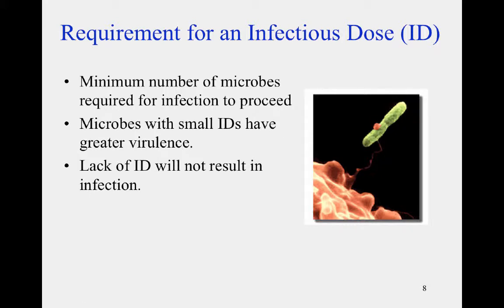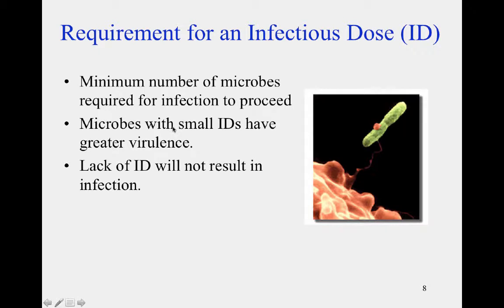So an ID is referring to the infectious dose. And the infectious dose is the minimum number of microbes required to establish infection. So basically, if your body comes into contact with a number that's lower than the ID for a pathogen, you will not get sick.